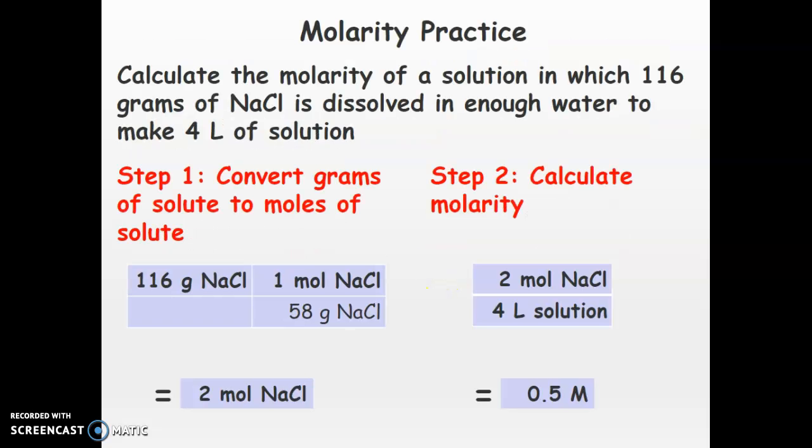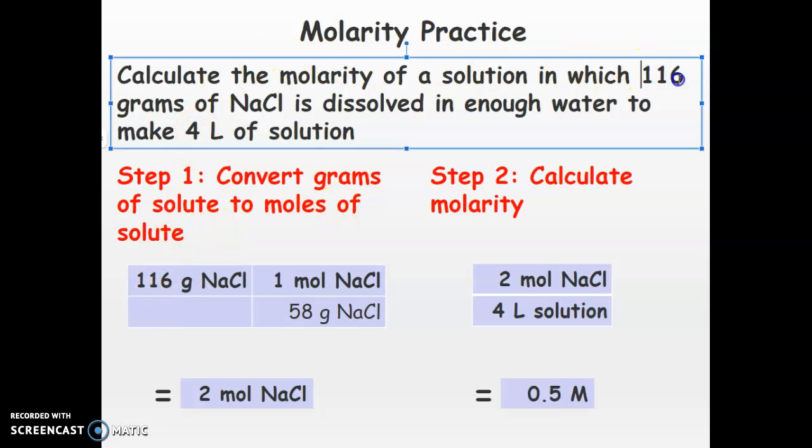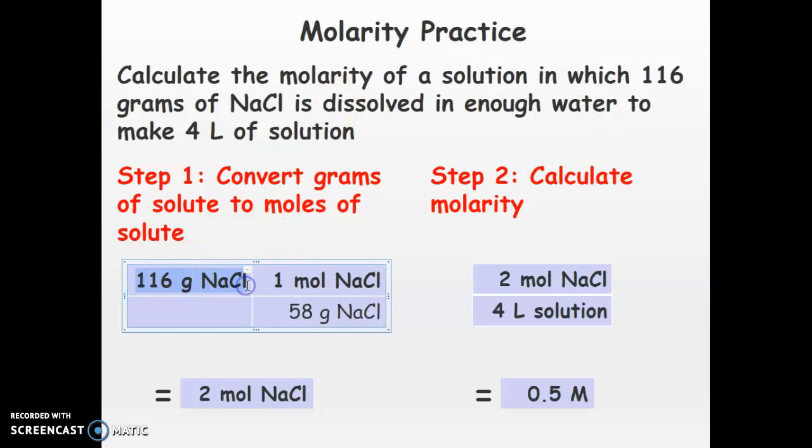In calculating molarity, one practice here: calculate the molarity of a solution in which 116 grams of sodium chloride is dissolved in enough water to make 4 liters of solution. So step number 1 is to convert grams of solute to moles of solute. Here's our given, 116 grams, and then we'll use the liters after we've converted those grams. So we need grams to turn into moles. You'll put your given here at the top.